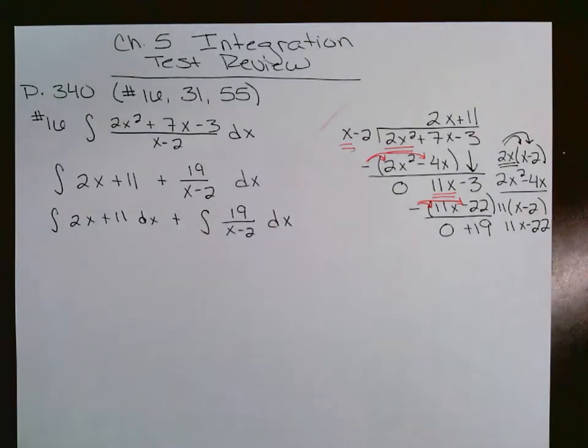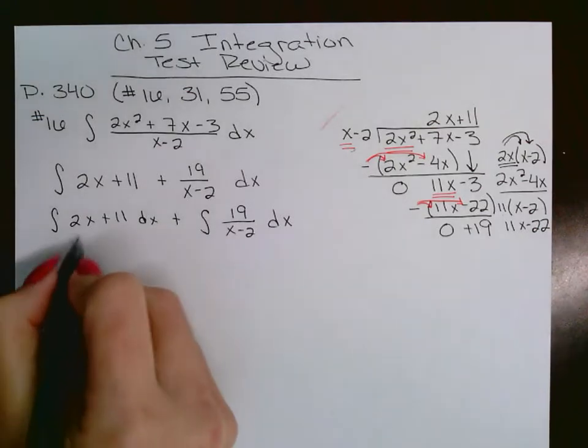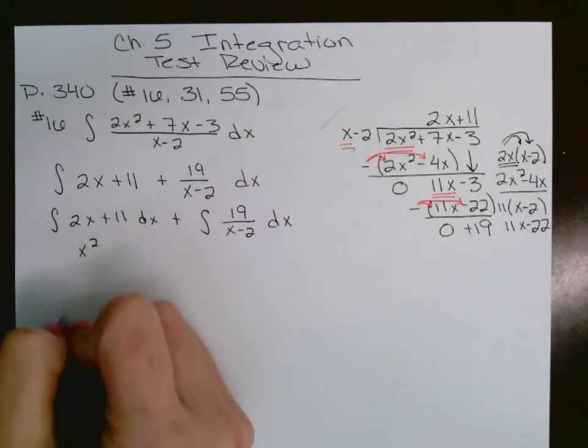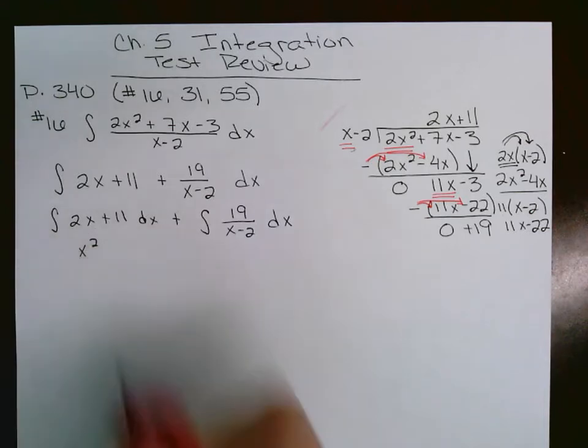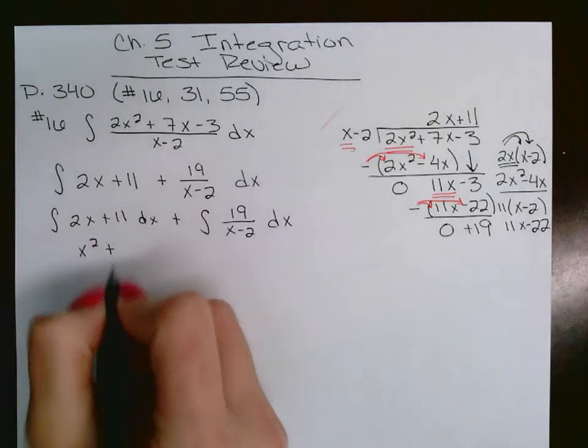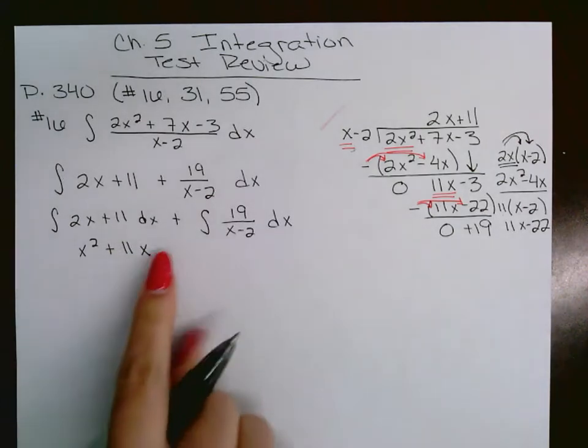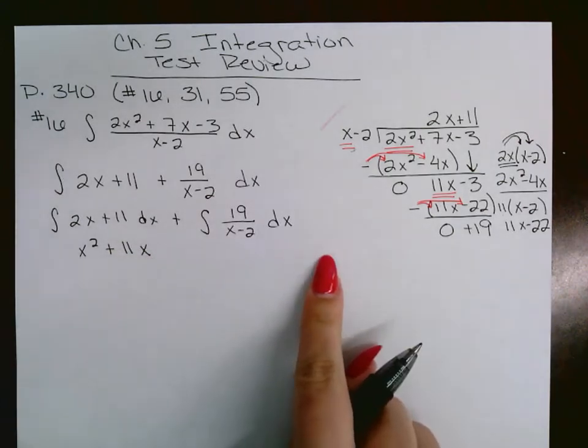Okay? What is the antiderivative of 2x? Good. It's reverse power rule, so I add 1 to the exponent and divide by the new exponent, which 2 divided by 2 is 1. Antiderivative of 11. Good. I'm not going to write a plus c because I'll just write it at the very end.